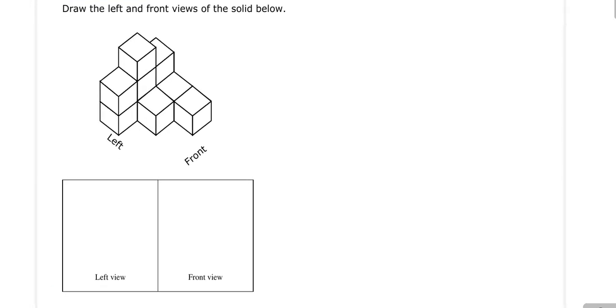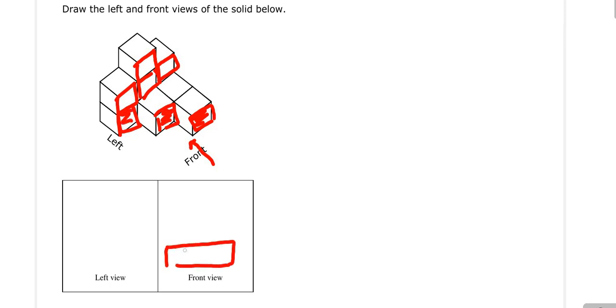Problem number 1, it says draw the left and front views of the solid below. So this is teaching you perspective drawing. If we were to look going this way at the front, what you would see visually is 3 of the boxes, and then another row of 3, and then the one in the middle.